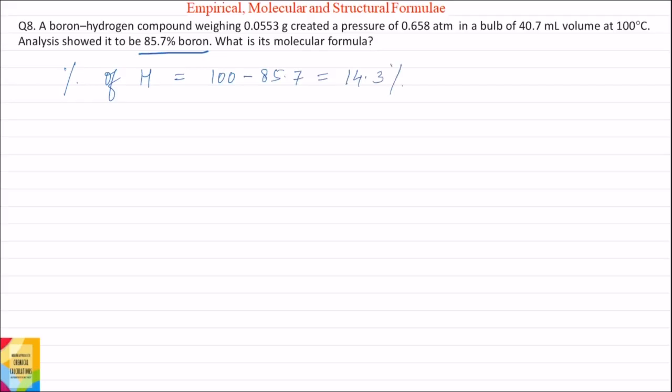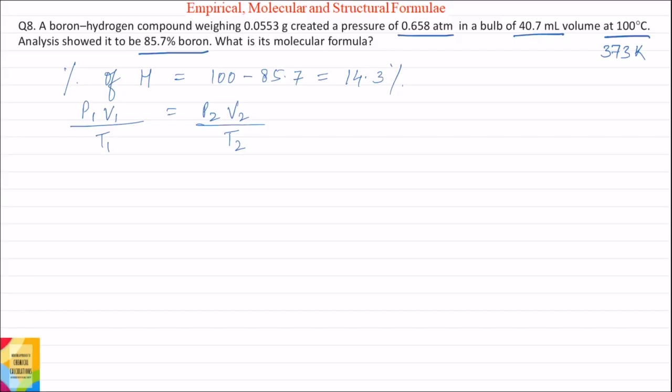and this is equal to 14.3%. Now pressure is given as 0.658 atmosphere, volume is given as 40.7 milliliter, and temperature is given as 100 degrees centigrade, which is also equal to 373 Kelvin. Applying the formula, P1V1/T1 is equal to P2V2/T2. P1, V1 and T1 are the given pressure, volume and temperature.